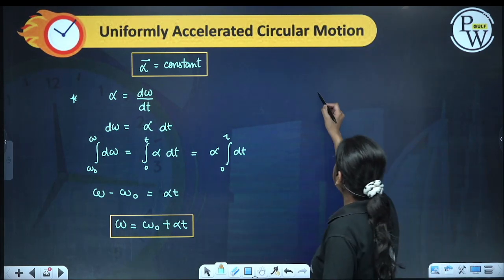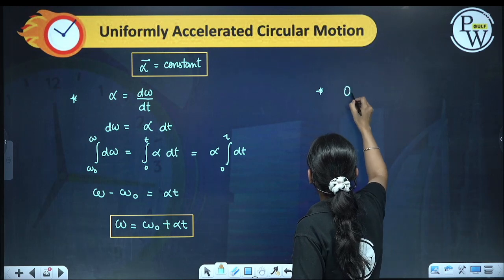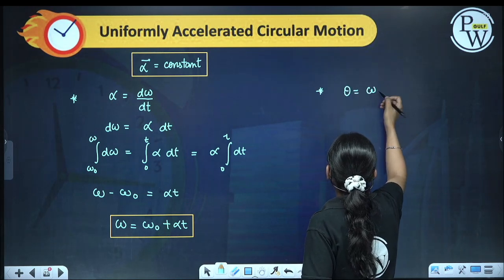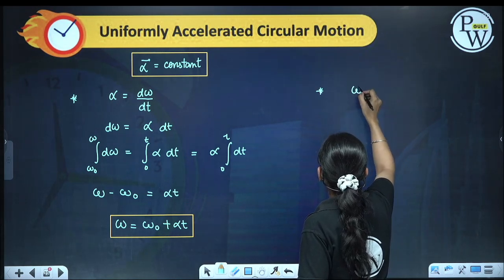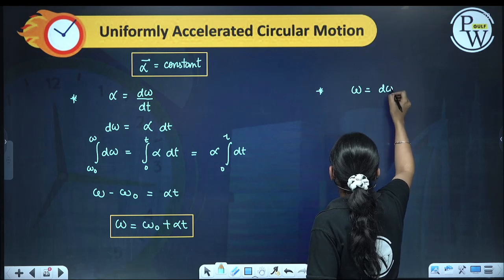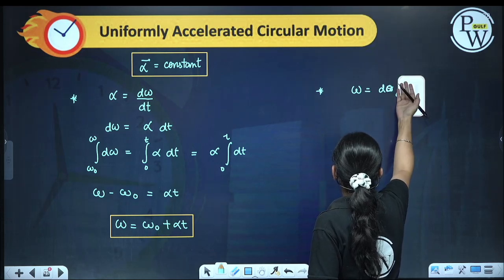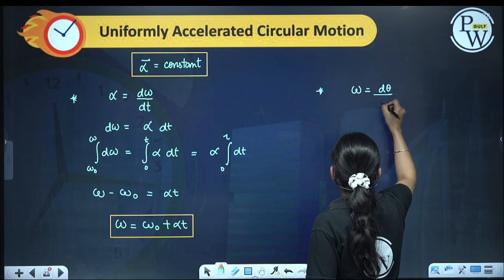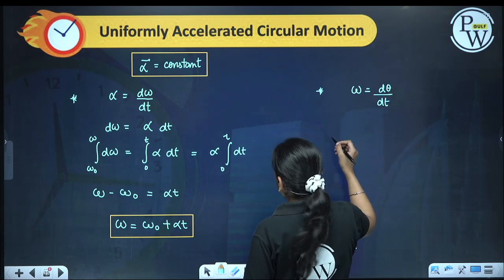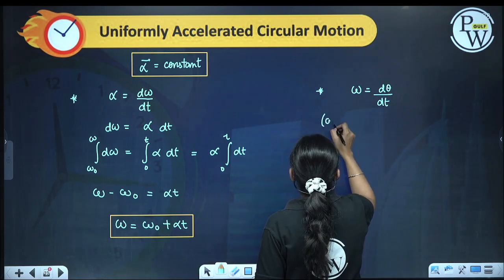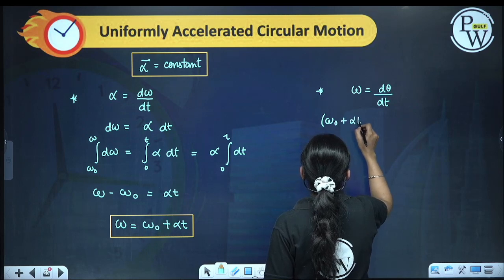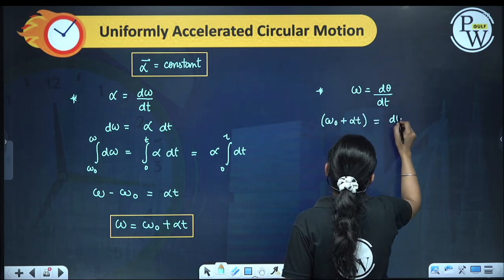Similarly, if we write the equation omega is equal to d theta by dt, what is omega? Omega naught plus alpha t is equal to d theta by dt.